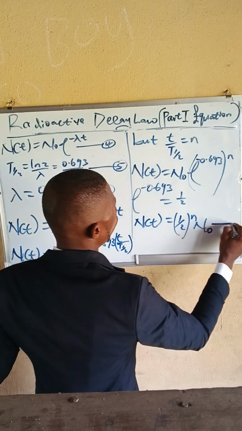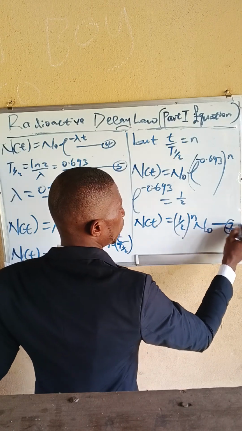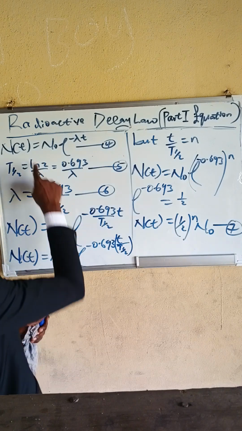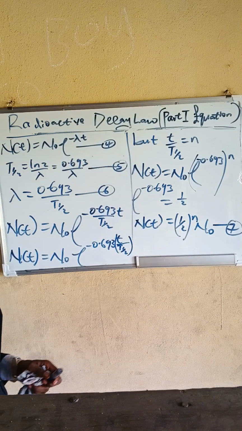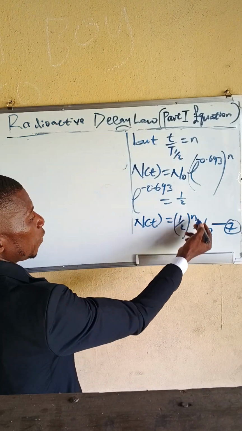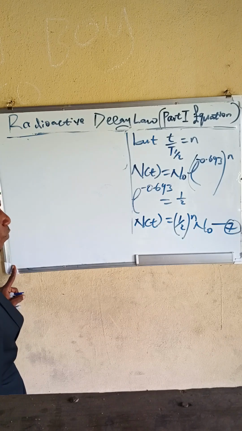Call this equation 7. This equation is the equation for the radioactivity. This has been modified to be in this form. So I have n of t is equal to half n naught.